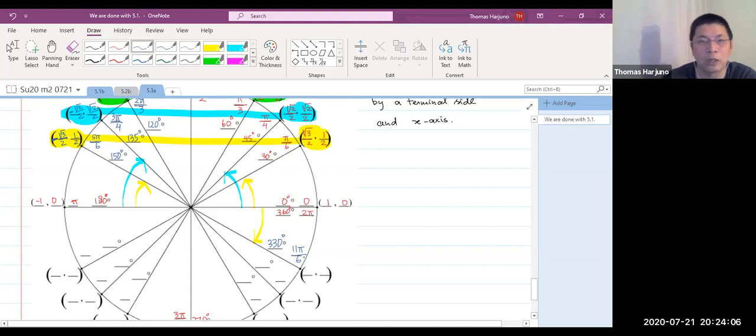Now, how about the coordinates? You will see that the coordinates here and here should be the same except the plus minus sign. You see that the x will be the same, the y will be the opposite. So this will be radical 3 over 2, the same x, but the y is negative 1/2.